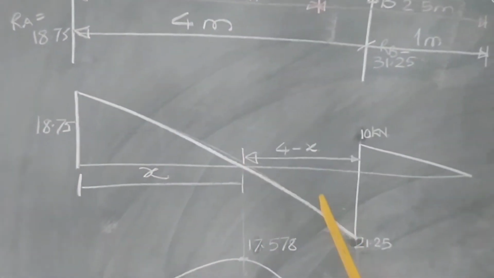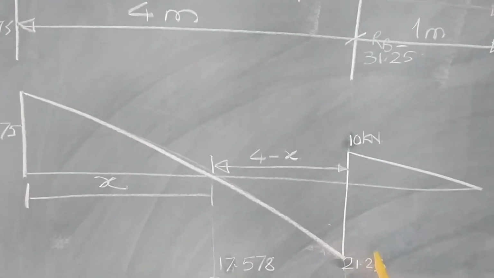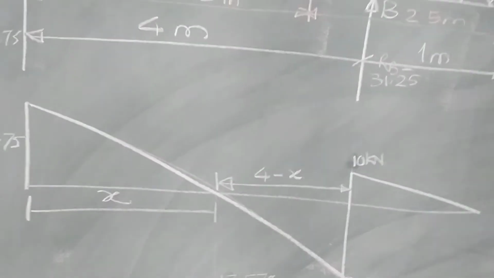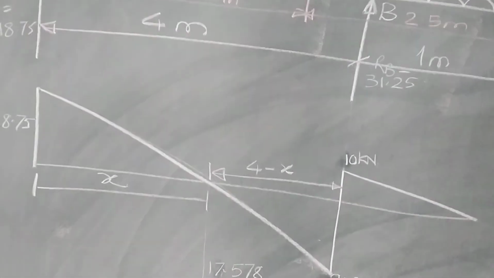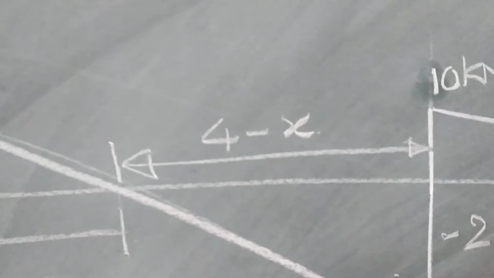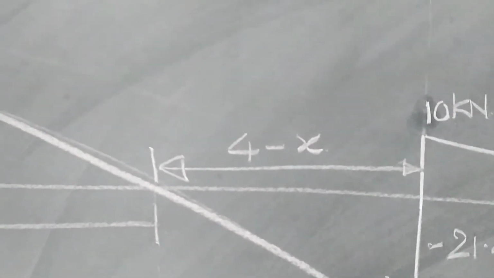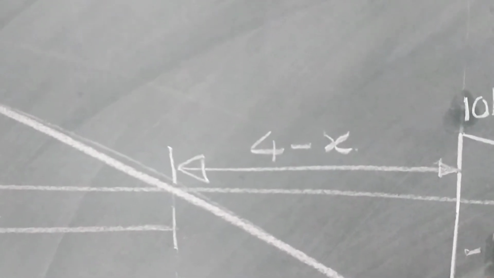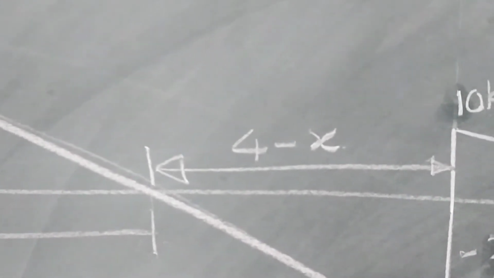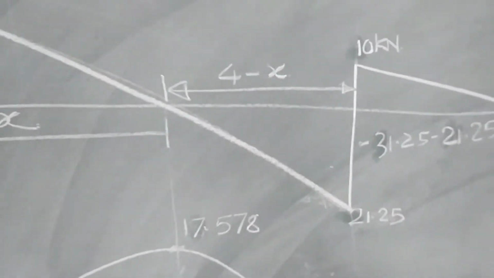So minus 40 is nothing but minus 21.25, minus 21.25 plus 31.25.